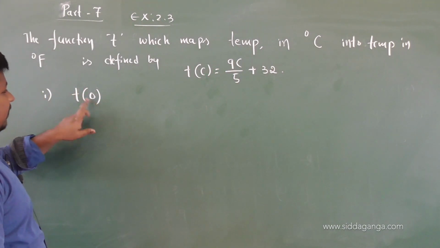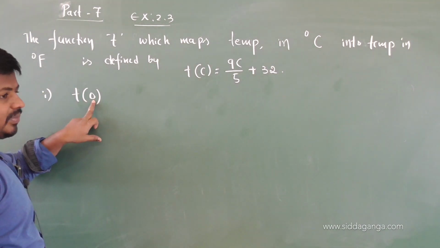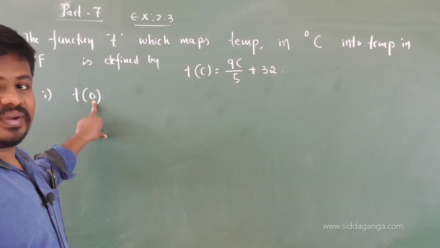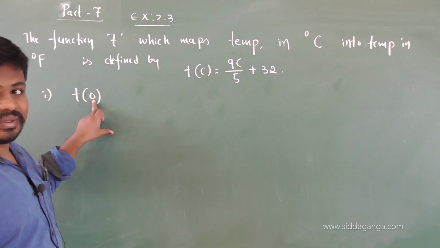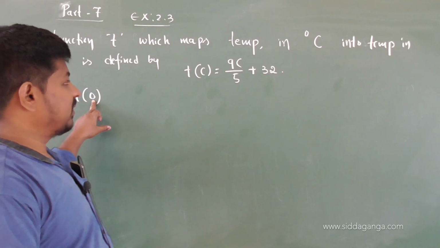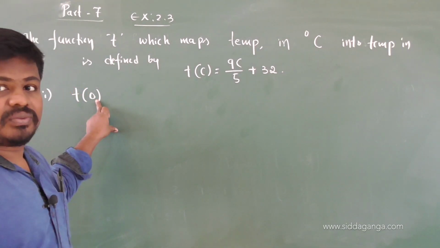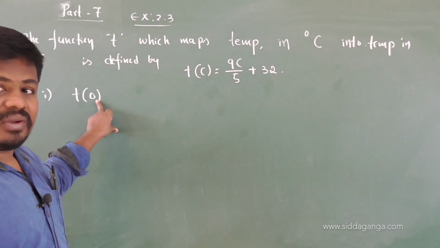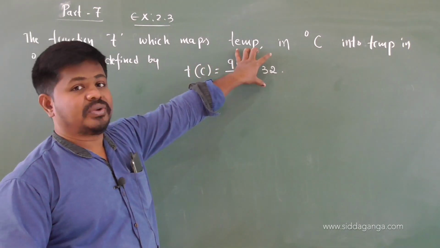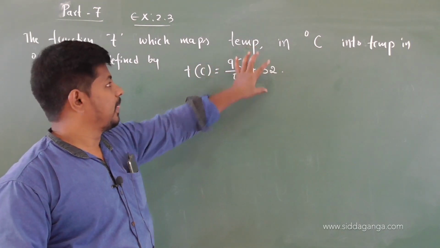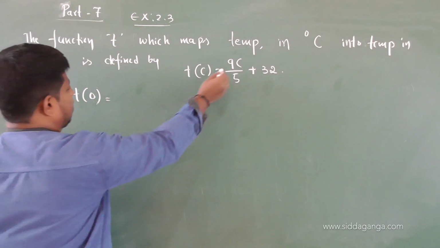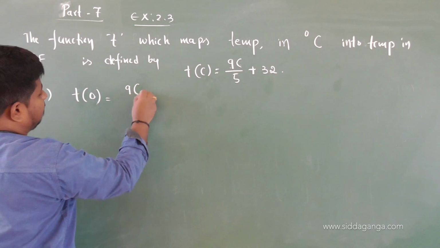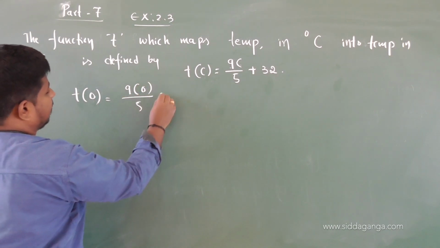You mean 0 centigrade, T of 0. In place of C, when the temperature in degree centigrade is 0, you have to find the value of the temperature in degree Fahrenheit. So when C is 0 degree centigrade, substitute here 9 into 0 by 5 plus 32.